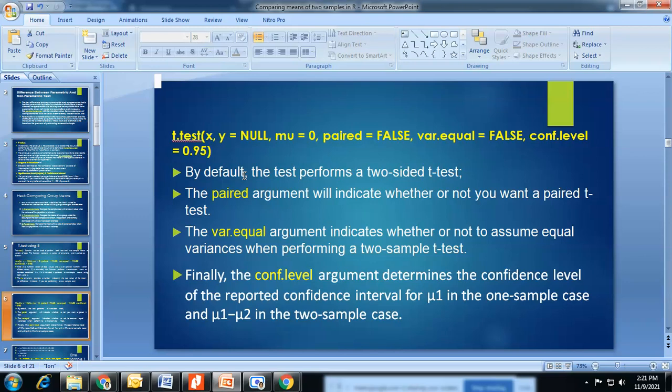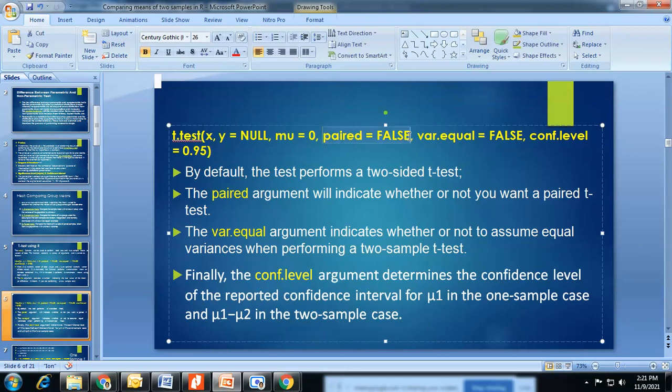Okay, so the paired argument. One of the arguments is called paired. So paired is equal to false. What is paired equal to false? The paired argument indicates whether or not you want a paired t-test.